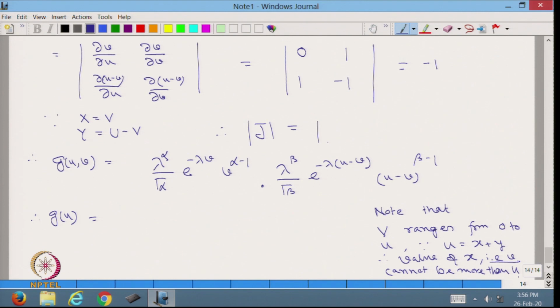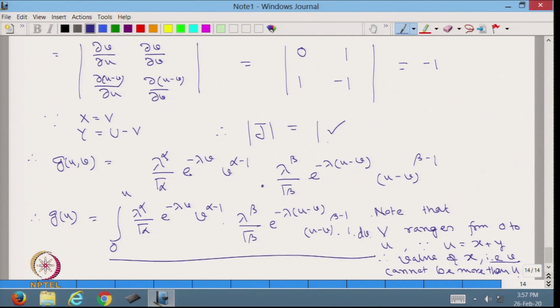So, this is the most important thing. Therefore, we are integrating it 0 to u lambda power alpha upon gamma alpha e to the power minus lambda v, v to the power alpha minus 1 multiplied by lambda power beta upon gamma beta e to the power minus lambda u minus v to the power beta minus 1, this multiplied by 1, which is the Jacobian, this multiplied by dv.